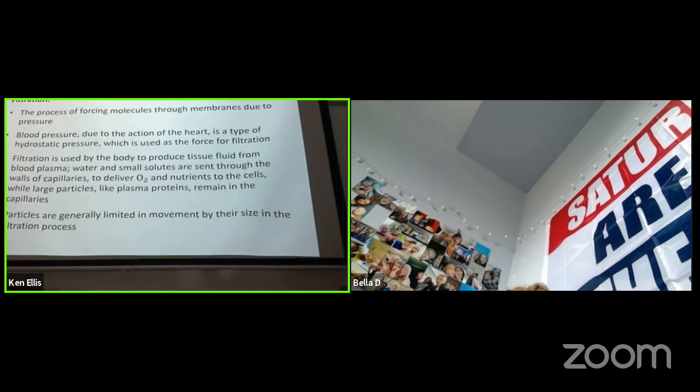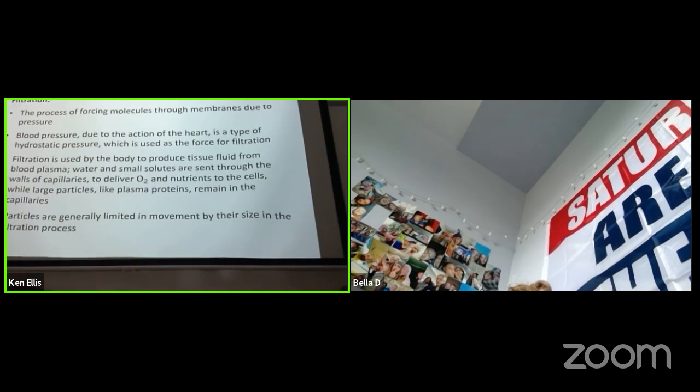So it's the blood plasma, but then because it's forced into this tiny, tiny tube called a capillary, some of that plasma goes out of the capillary and into the tissue. You don't call it plasma anymore. We call it tissue fluid. And you've seen tissue fluid. Y'all remember running and falling and skinning your knee?